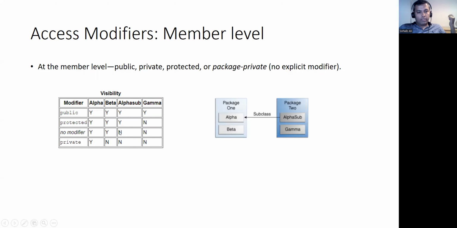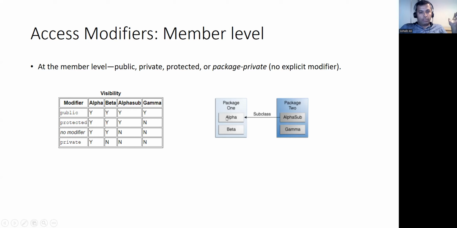This variable of the alpha class will be available to beta as well, and also to alpha. All the classes that share the same package will have access to this member of the alpha class that has no modifier.